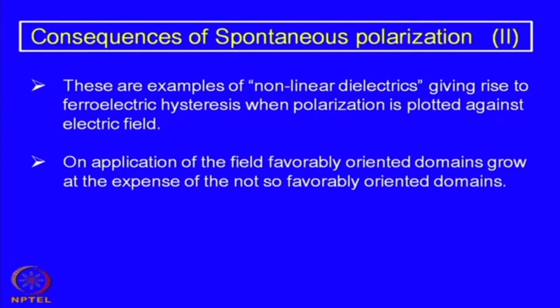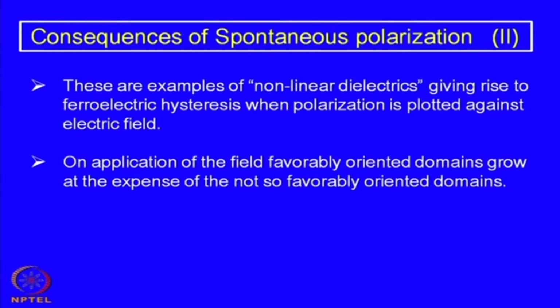However, they do not do it in a random manner. There is a process by which the orientation changes from a completely random orientation to a preferred orientation, and this is by change of the domain pattern or the domain size.